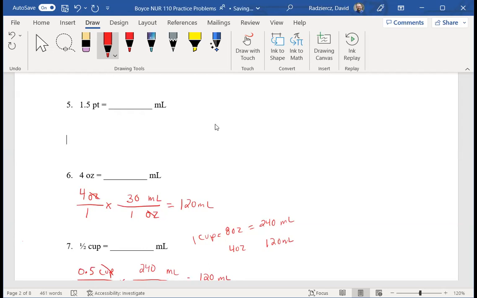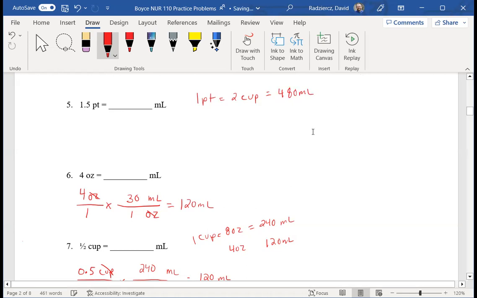We can say a pint is 2 cups, which is, what do we say? 480 milliliters. So let's write that out. We know that 1 pint is 2 cups, which equals 480 milliliters.